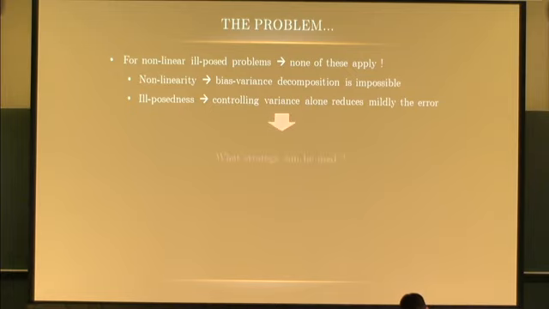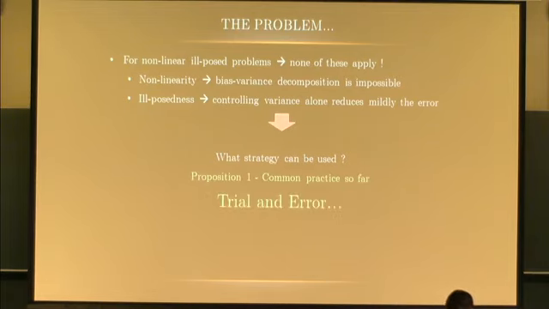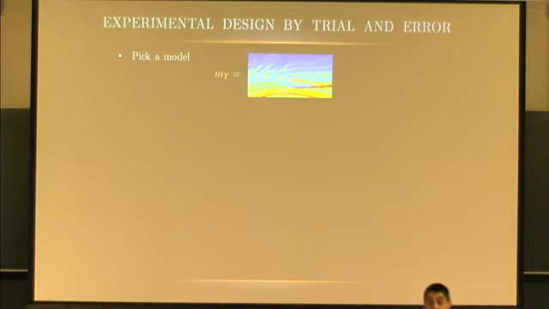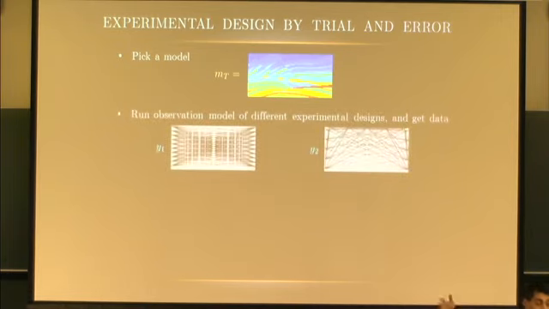So what strategy can we use? And this is what most people are doing, at least on the industrial level. It's called trial and error. So we pick a model, and this is the Marmousi model. We can come up with some propositions for experimental design. So on the left, we may decide to put some sources only on the side.